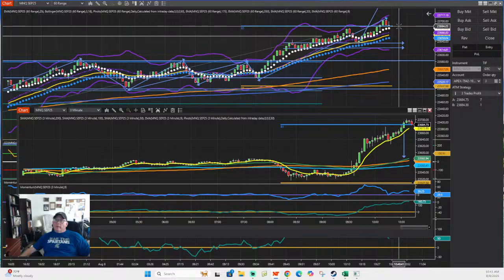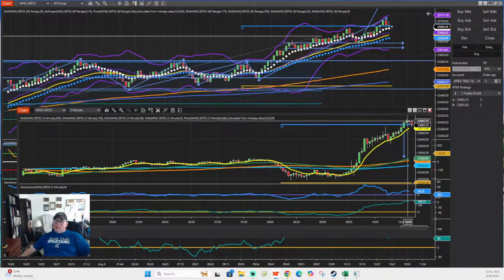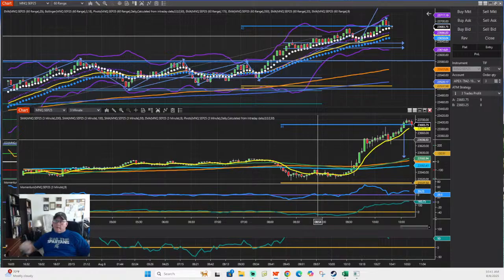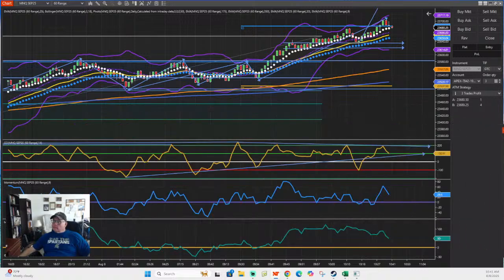I want to attempt it right here. Doji bar, down bar. See how this bar forms first. Don't want to get burned.